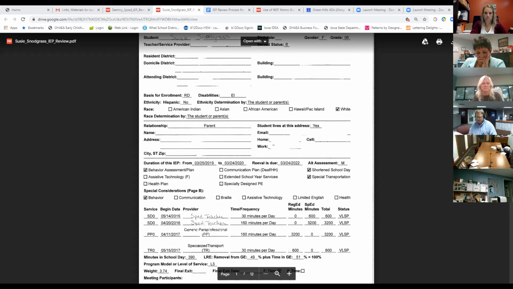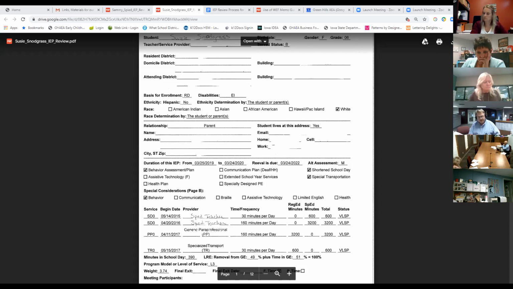So you can see it goes 2, 4, and 6, a heavier weighting for the SDI. So amount of instructional time, how many points would you see for Susie? 2. I'm hearing 2 points. Is there any disagreement? Nope, that's what I got. Okay.